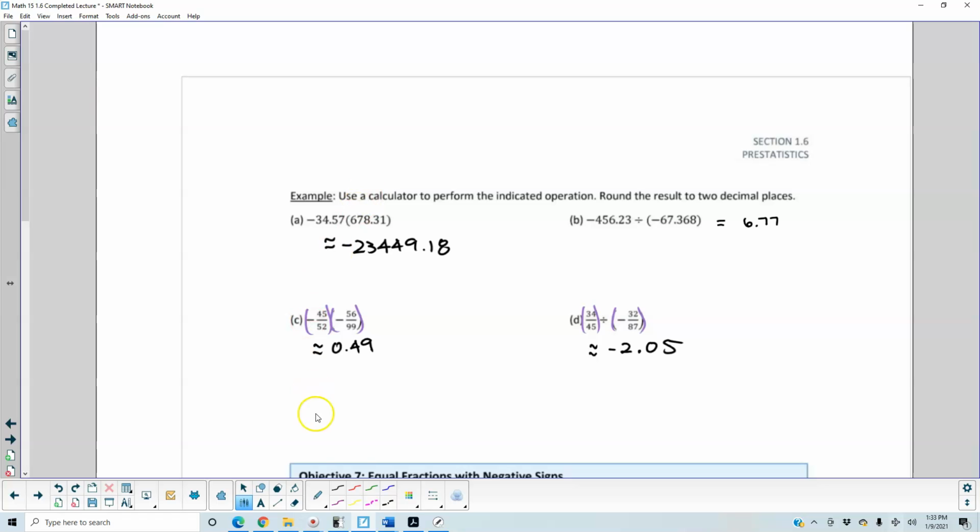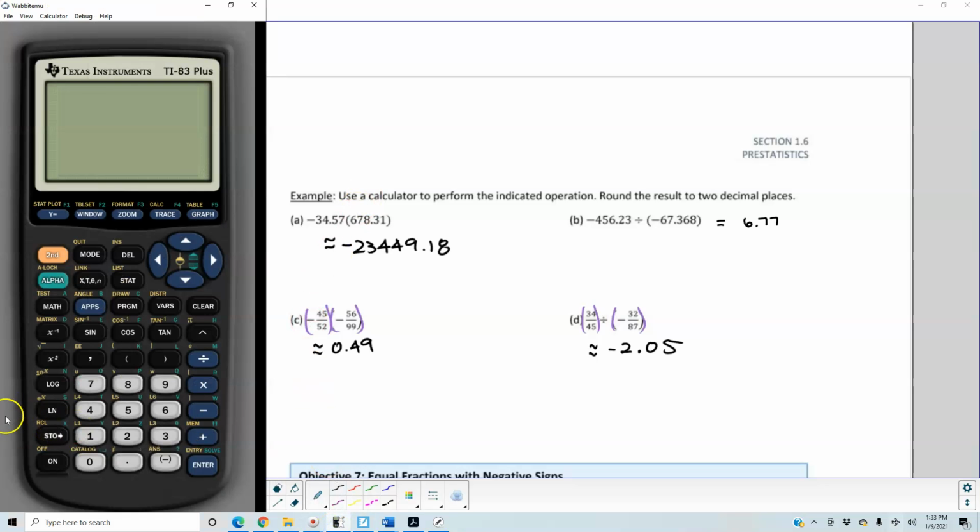Okay, next it says we want to use a calculator to perform the indicated operation, and then round the result to 2 decimal places. So here, again, make sure you use a negative sign and not subtraction, so be careful on the calculator that you're using.